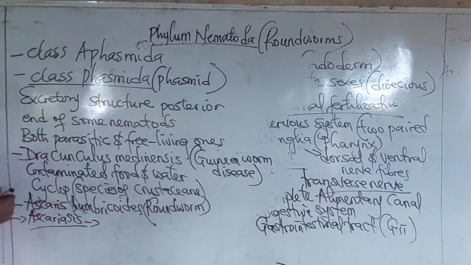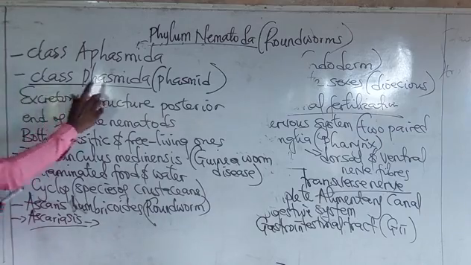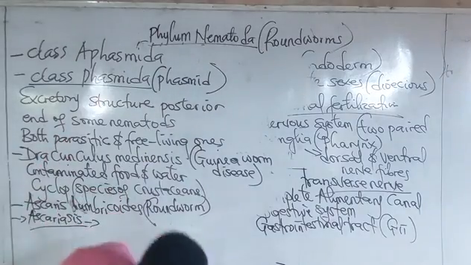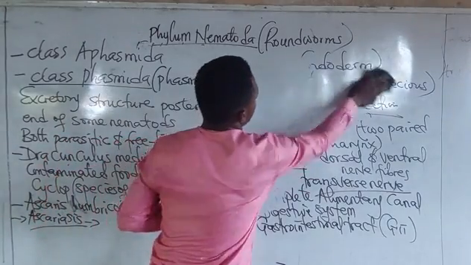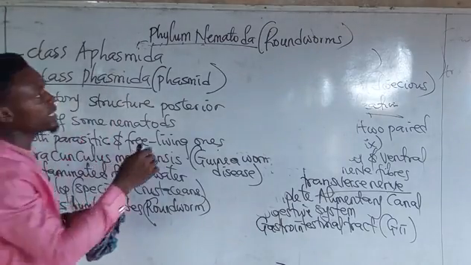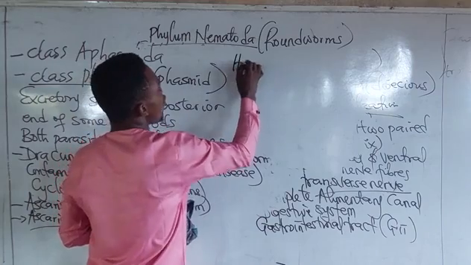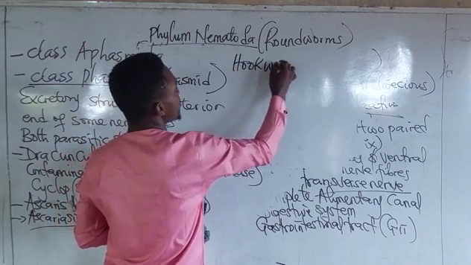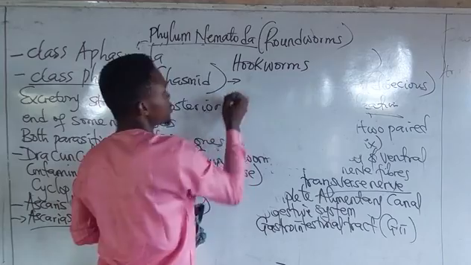Now, another member of class Phasmida is the hookworm. Hookworms, there are two species.